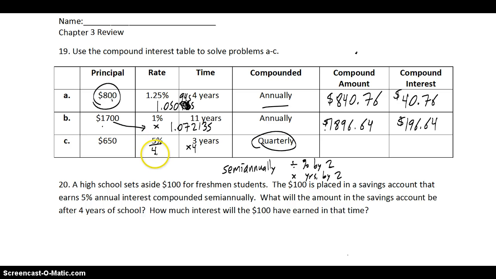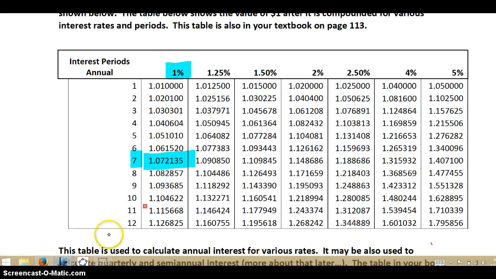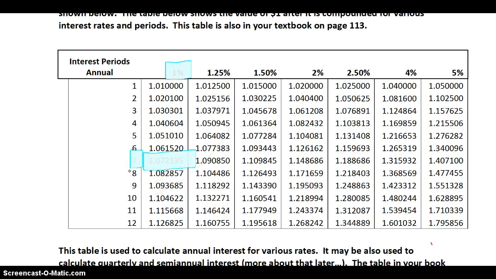Anyway, 5 divided by 4 is 1.25%, and 3 times 4 is 12 years. So we look up 1.25 for 12 on our table, which is 1.160755.